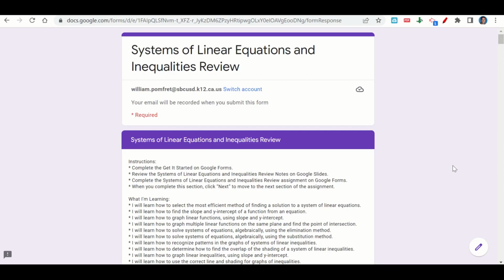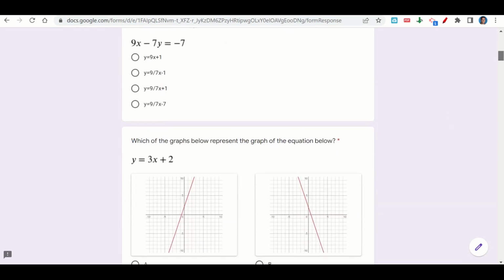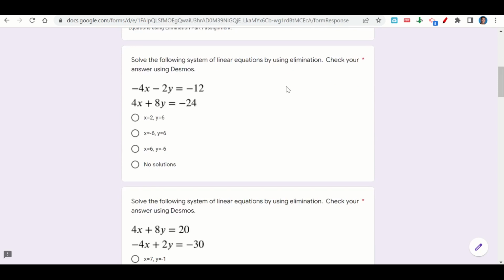Let's take a look now at the Systems of Linear Equations and Inequalities Review assignment. The assignment begins with the learning goals and success criteria. If we scroll down, we can see the questions. So we're going to solve using elimination, and it says to check your work using Desmos. So we have opposite coefficients here, so we know our x's are going to cancel.